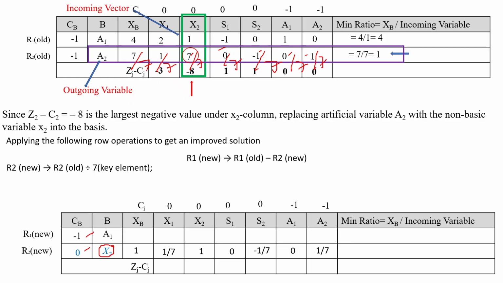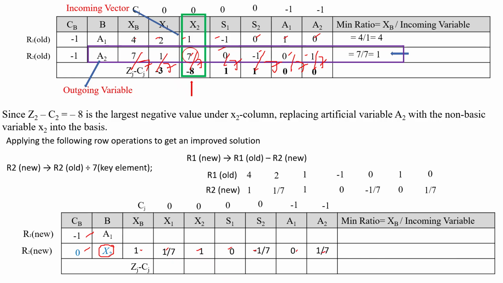Next, another row operation is R1 new equals R1 old minus R2 new. Here the R1 old elements are 4, 2, 1, -1, 0, 1, 0 and the R2 new elements are 1, 1 by 7, 1, 0, -1 by 7, 0 and 1 by 7.